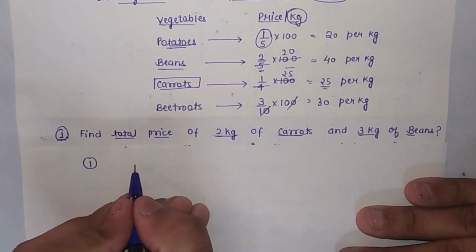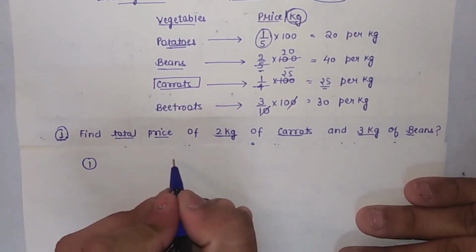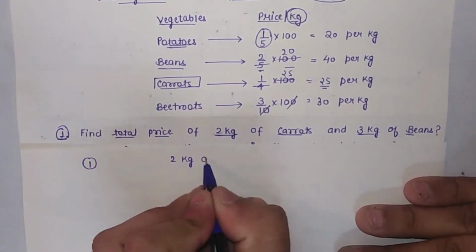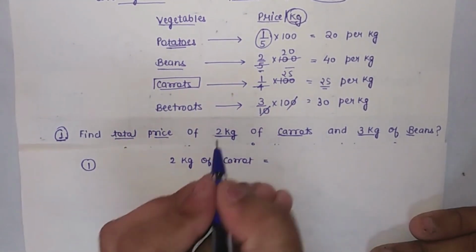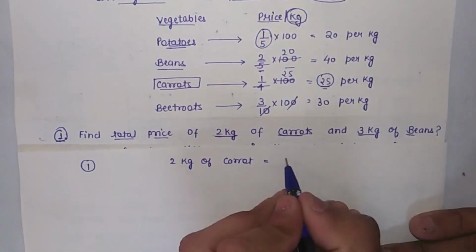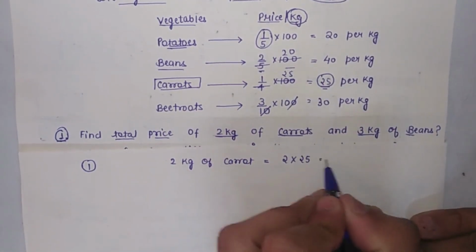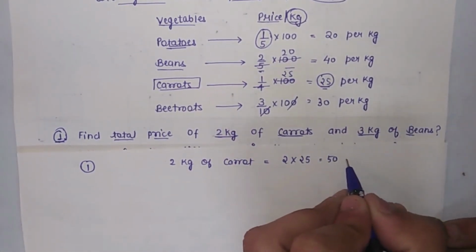We have to calculate 2 kilogram of carrots. The price for 1 kilogram of carrot is 25, so 2 kilogram of carrot will cost 2 times 25, which is 50 rupees.